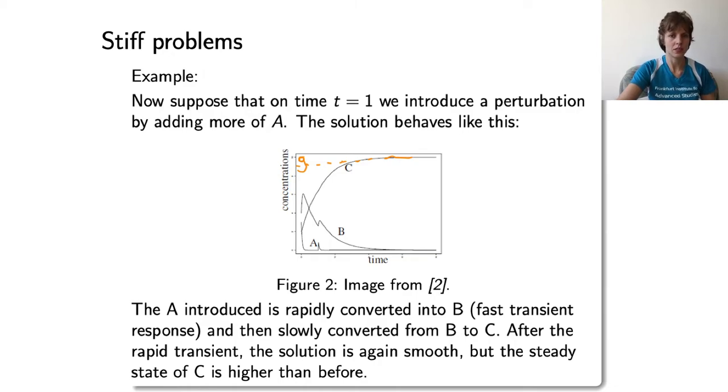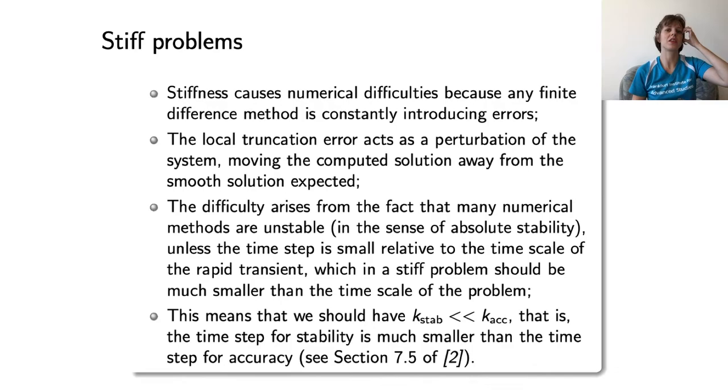So stiffness causes numerical difficulties because any finite difference method is constantly introducing error. So it's like the numerical method is introducing perturbation on the concentration, so then it can give some wrong approximation for the real solution.